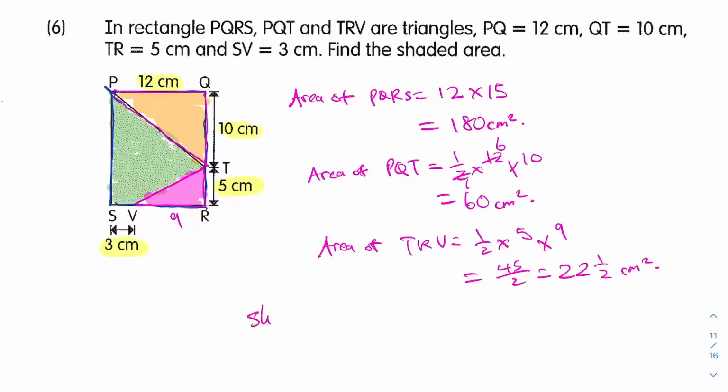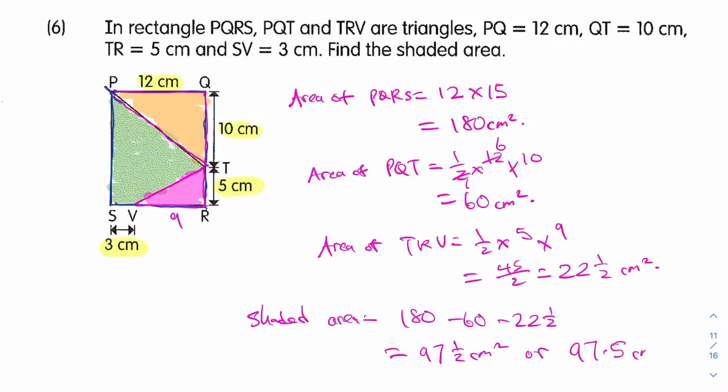So shaded area is 180 minus 60 minus 22 and a half, which would give you 97 and a half square centimeters, or you can write 97.5 square centimeters.